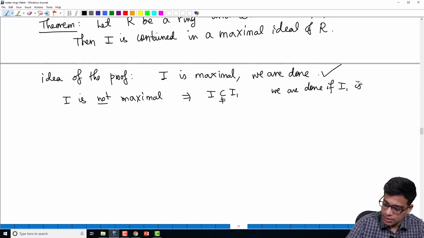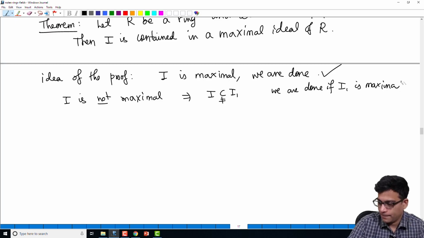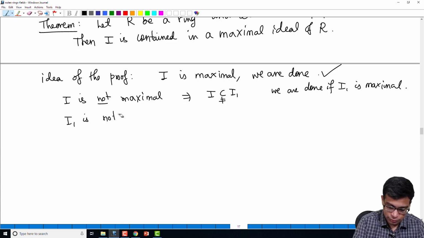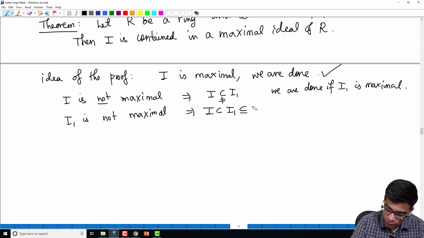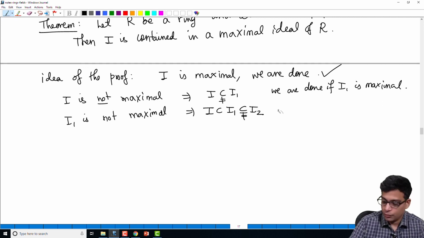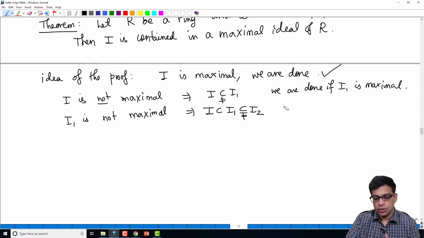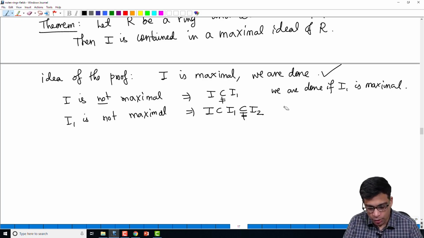We are done if I1 is maximal, because I is then contained in a maximal ideal. If I1 is not maximal, then we have I contained in I1, which is contained in I2. So I2 is a bigger ideal. If I2 is maximal, we are done, otherwise you continue. So you can keep doing this, and you would think that at some point you will stop and get a maximal ideal. Now in mathematics, this is a subtle point.